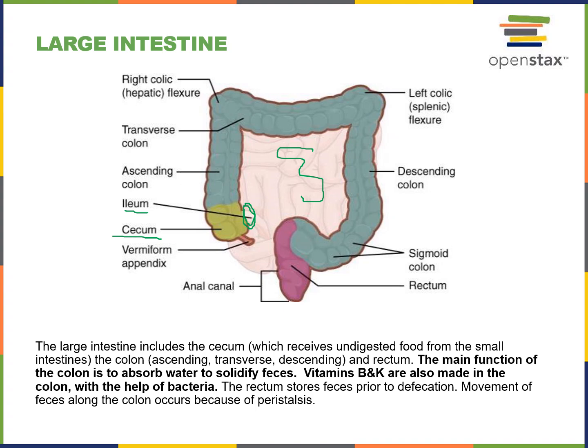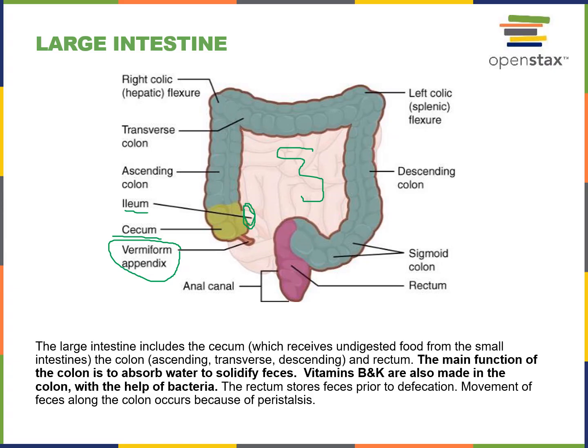GI tract. The ileum also has attached to it the appendix, which has been given a role. Supposedly, it has some lymphatic tissue in it, maybe some T cells and B cells and macrophages.